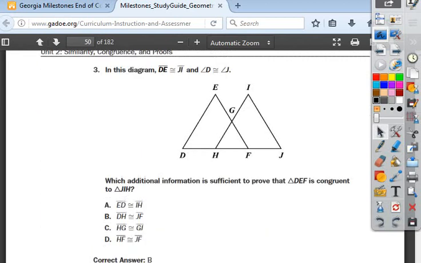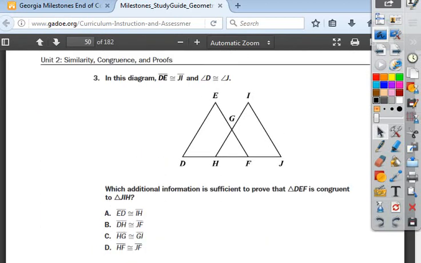What about these? It tells me DE is equal to JI and angle D is equal to angle J. It's asking me what else do I need to know? DH and JL. If I know that this little piece is equal to this little piece, is that going to be enough? Yeah. Why?